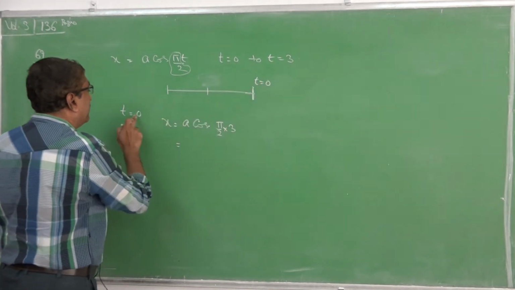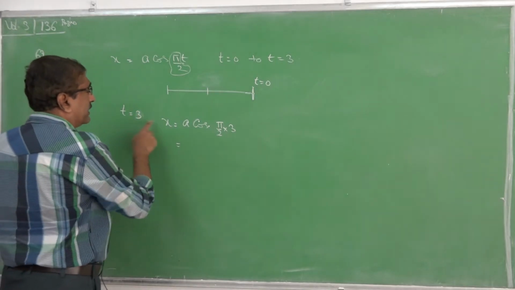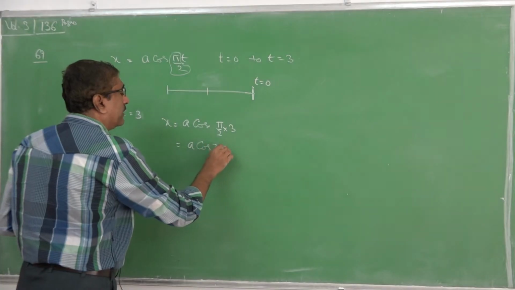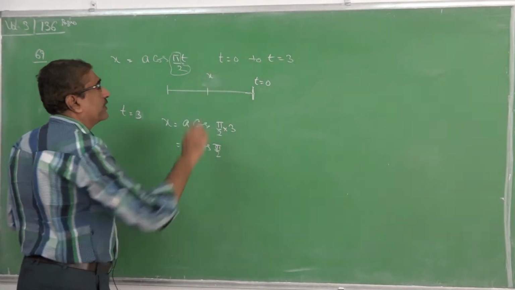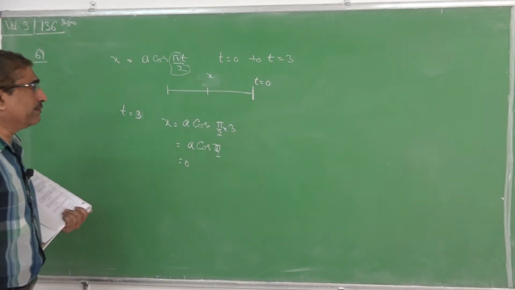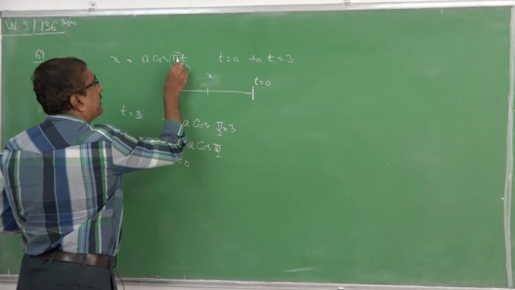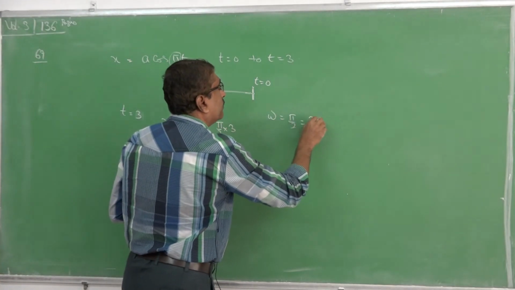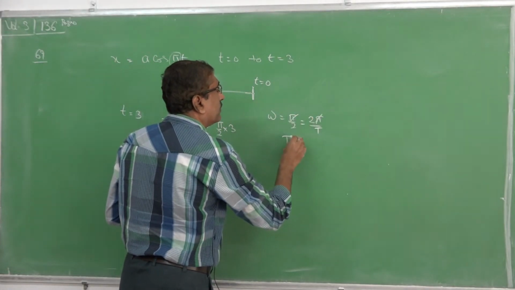Now at t equal to 3 seconds, this will be a cos(3 pi by 2), and cos 3 pi by 2 means 0. So that is 0, which means the position is here. For the total distance covered, omega is pi by 2, that is 2 pi by T, so T is equal to 4 seconds.